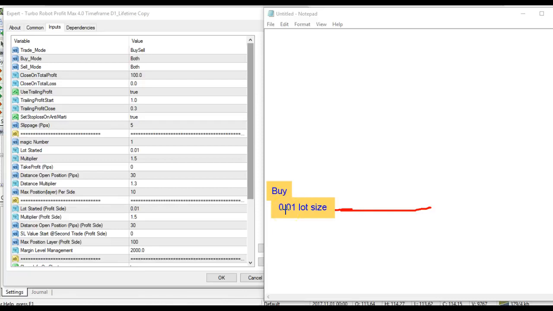Either you are on a buy trade or a sell trade, it doesn't matter, it depends on what type of trade you are in. Let's say you are on a buy trade, and starting lot size is 0.01. The market is shooting up, it was going up, so you are earning.